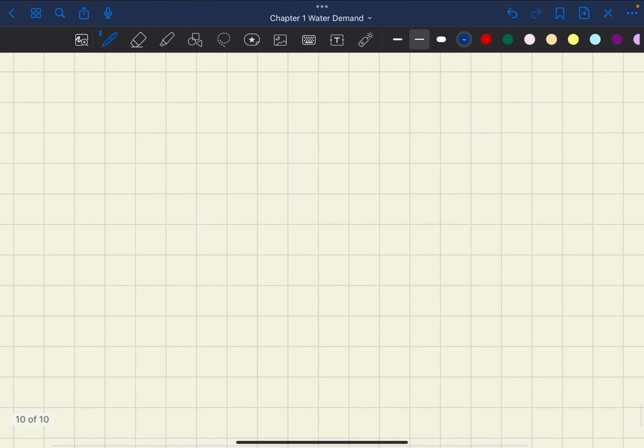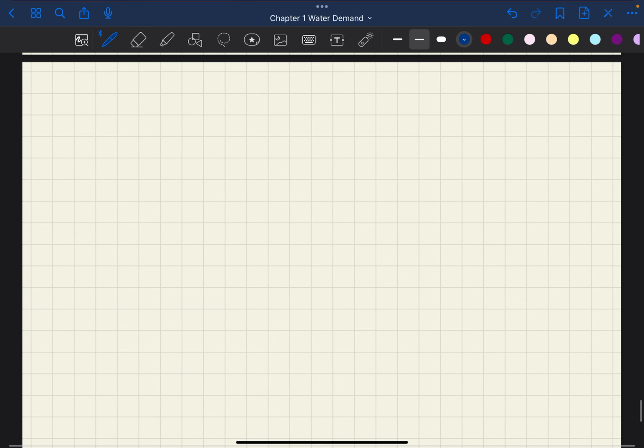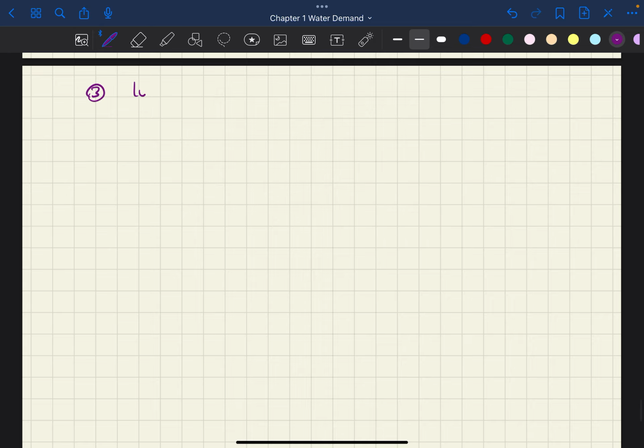Now coming to the third method. Third is logistic curve method, also known as growth curve method.